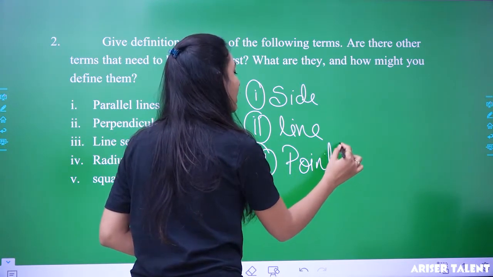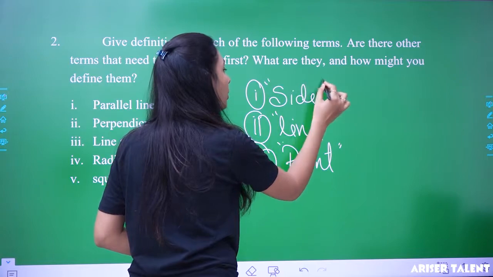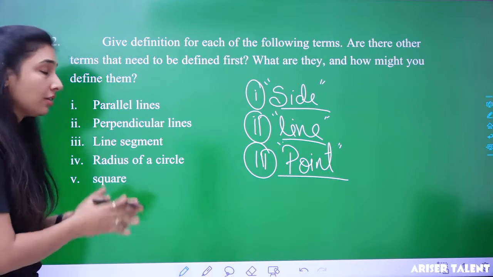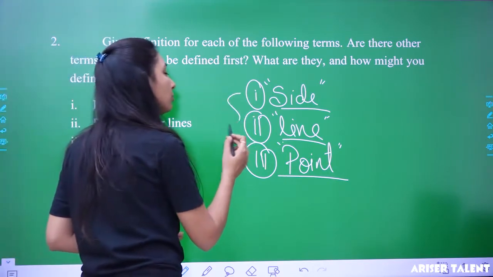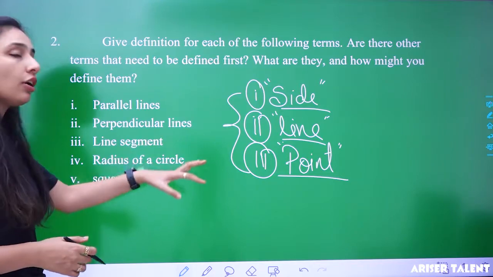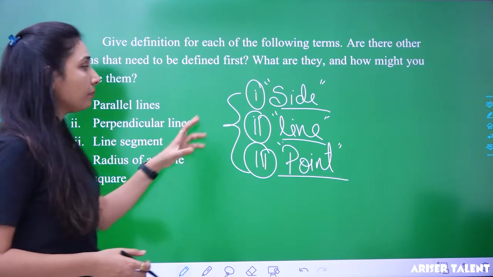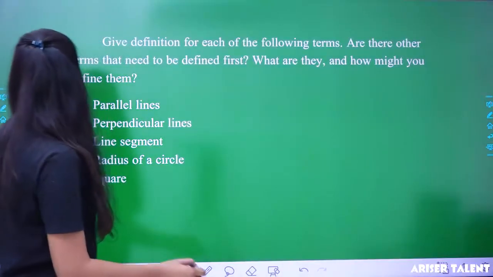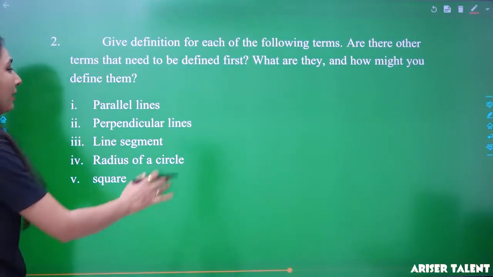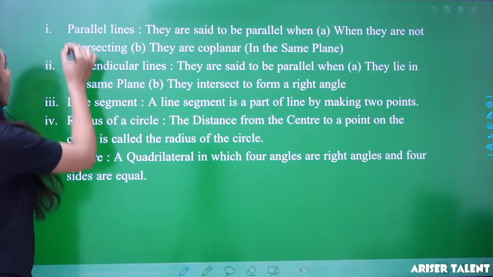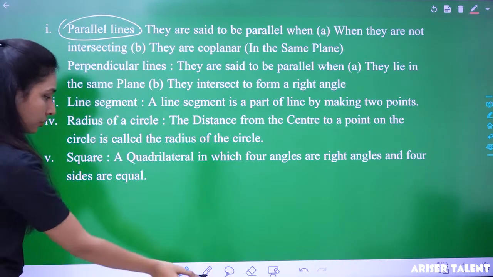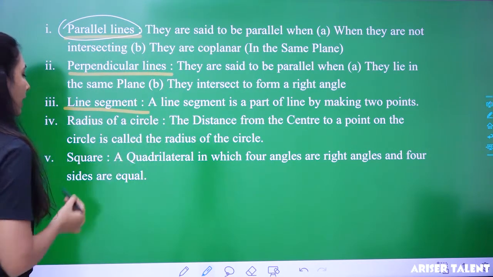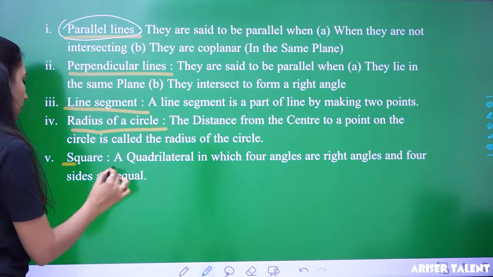These are the main words that need to be defined first in order to define these terms. We have understood these in our previous session, so we will not talk about the prerequisite things here, but we will have a look at these lines. What are the parallel line, perpendicular line? You know all these kinds of things. So the definitions are here, student. Have a close look at the definitions of parallel line, perpendicular line, line segment, radius of a circle, square.